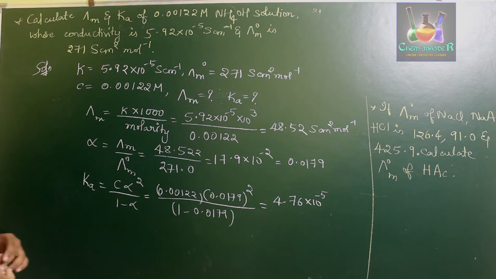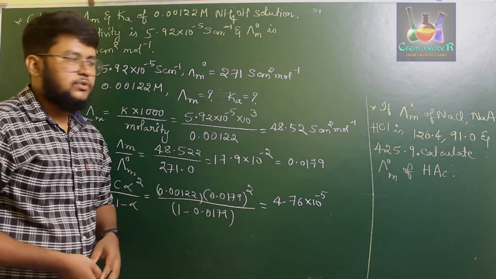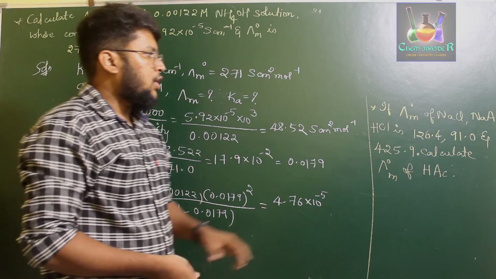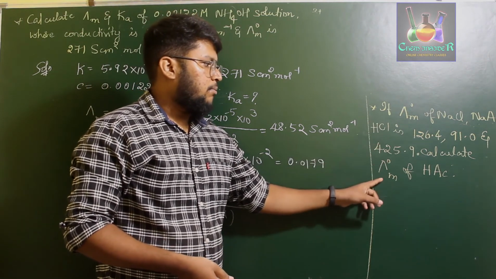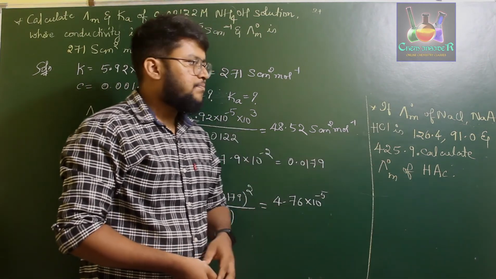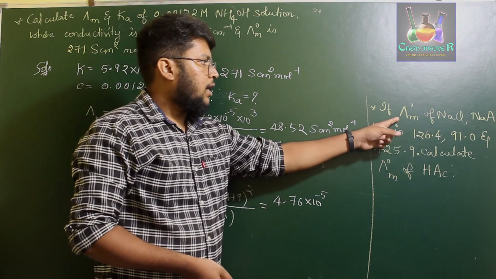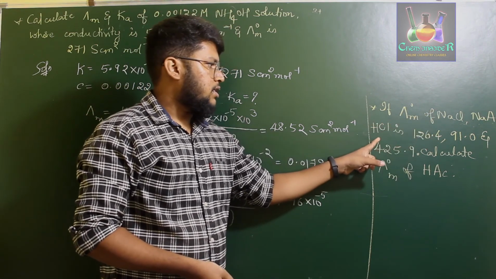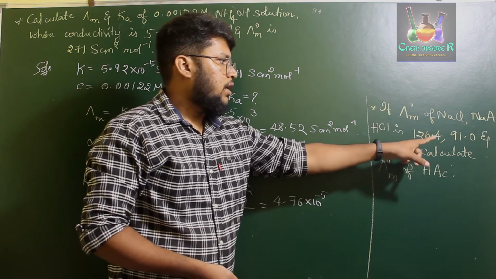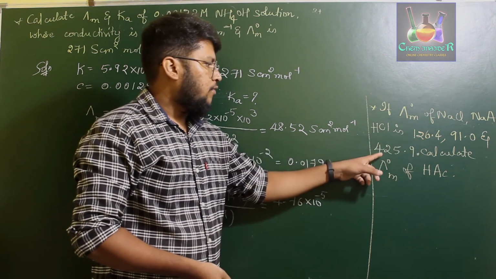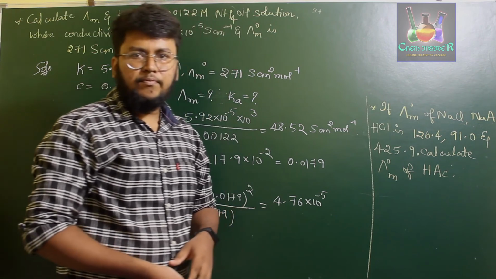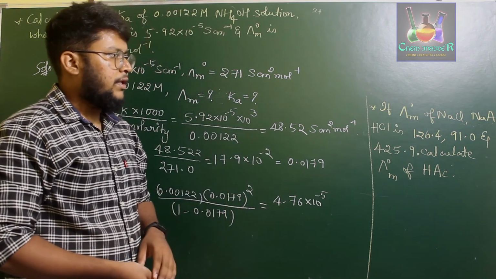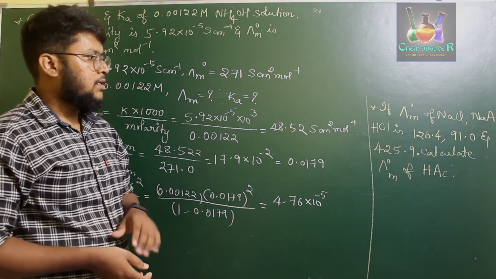Next, I am going to leave this as your homework. This particular question says you need to calculate the lambda m naught of HAc if lambda m naught of NaCl, NaAc and HCl are 126.4, 91.0 and 425.9. Now I'm just going to explain how to calculate that in simple terms.